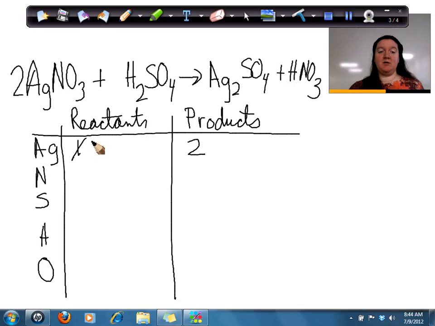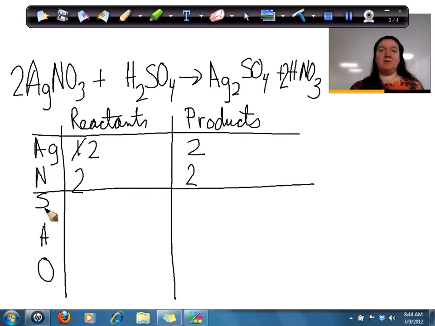So now I have 2 silver, and I have 2 silver on this side. Next I'm going to look at nitrogen. If I have a 2 in front, and there's only 1 nitrogen inside, that means I have 2 nitrogen on that side. But over on this side, there's only 1 nitrogen in the nitric acid. So I need to change the coefficient in front of that to a 2. So now I have 2 nitrogen on that side.